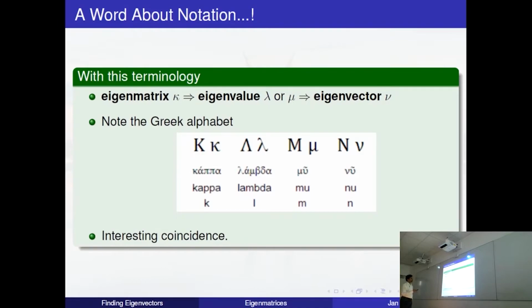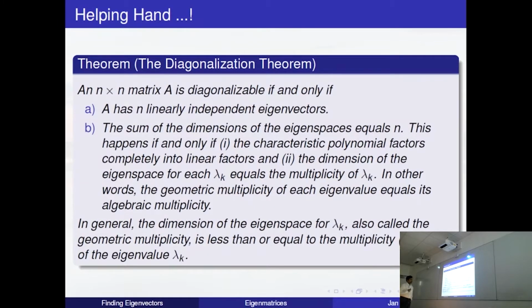The best choice would be something closer, so we pick the letter preceding lambda, which is kappa. According to the Greek alphabet, we have kappa, lambda, mu, nu in that order. So we use kappa for the eigenmatrix, lambda and mu for eigenvalues, and nu for eigenvectors. They are nicely aligned in that order. It's a coincidence, but it works very well.